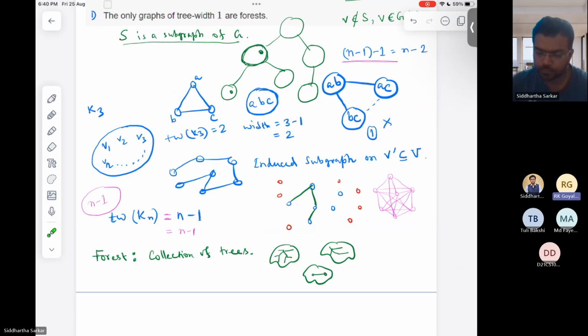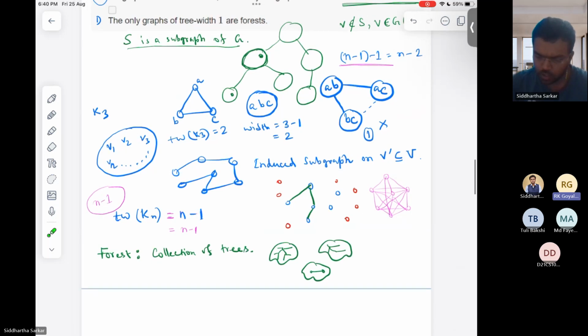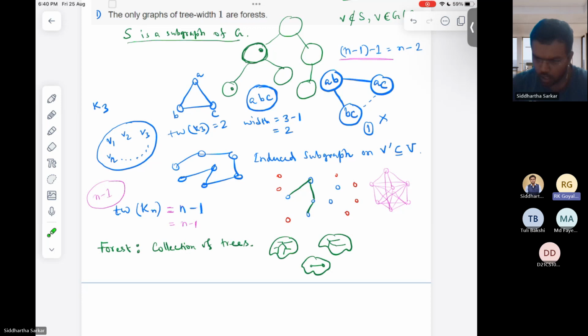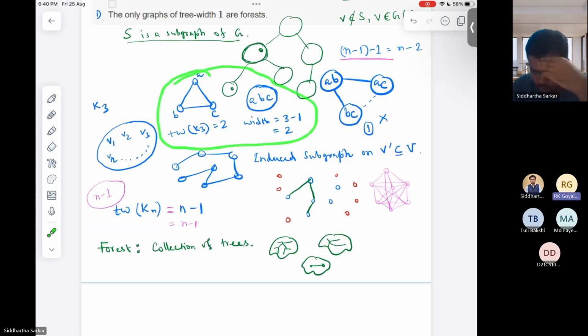So if we have a cycle, then we require at least three edges, right? As we saw last time, we require a bag. Just now we have seen in case of K3, we had a bag having three vertices, so the tree width is equal to two.